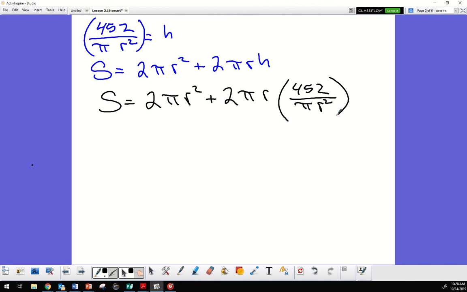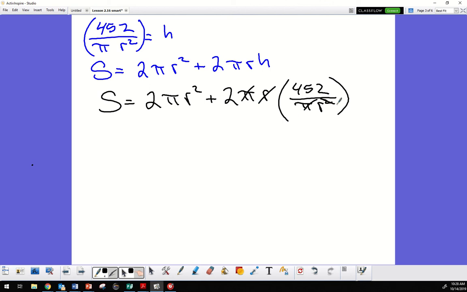Now, if I look carefully, do I have a pi up here on top and a pi on bottom? What can I do with that? I can cancel out, so I'm going to. What about, I have an r right here and I have an r squared on bottom. I can cancel out one of them. So I'm going to cancel out these pi's, this r, and one of the r's in the r squared.